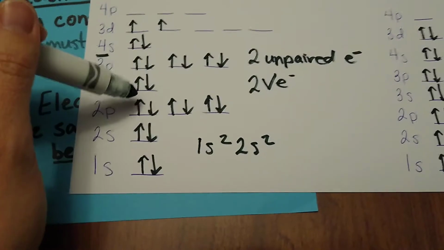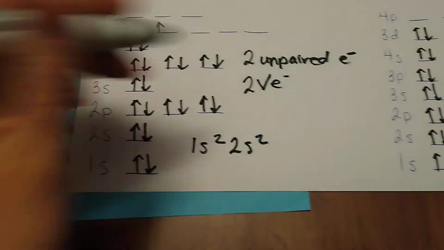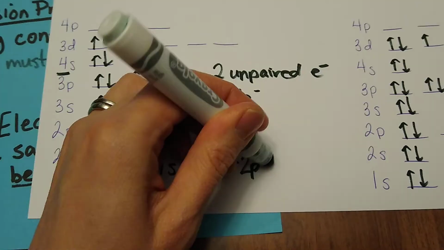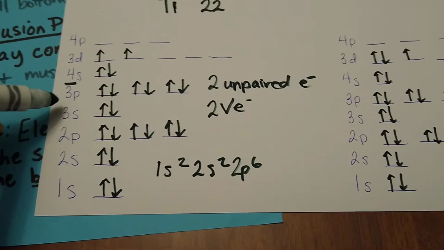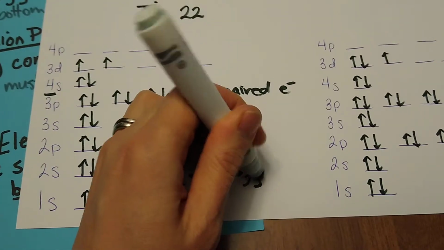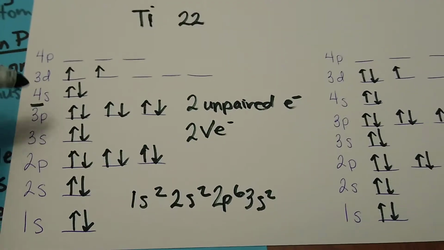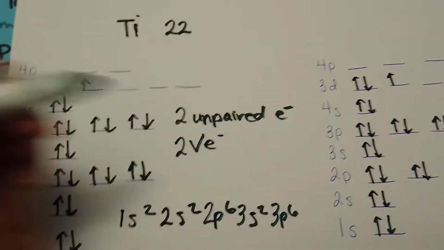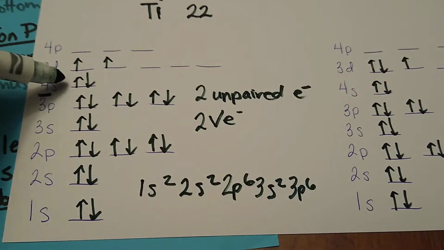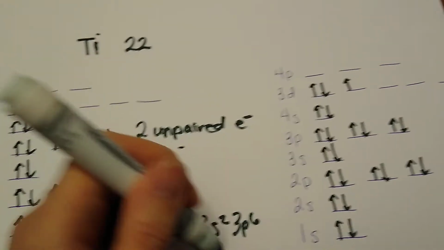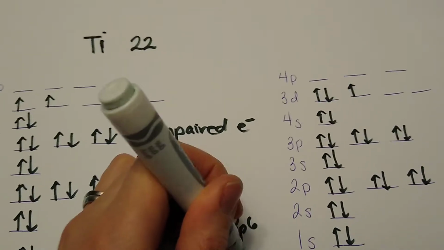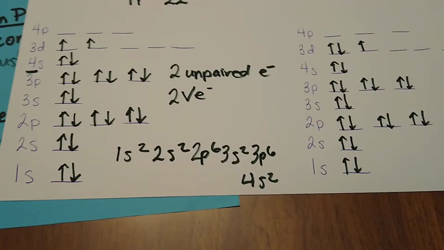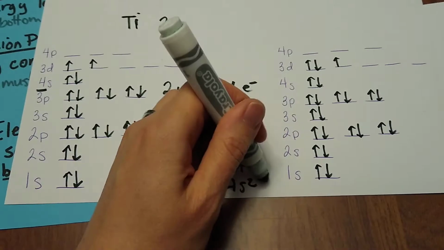In the 2p, we filled it up with 6 electrons. So 2p6. Next is 3s2. Then 3p6. 4s2. I'm going to bring it down here, but normally I would keep this all in a line. 4s2. And then 3d2.